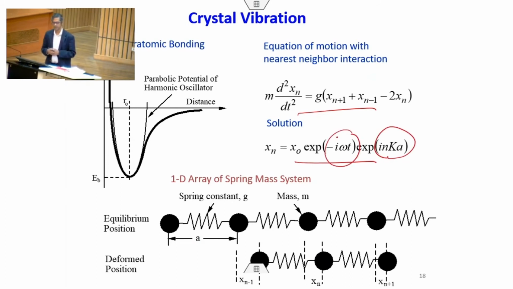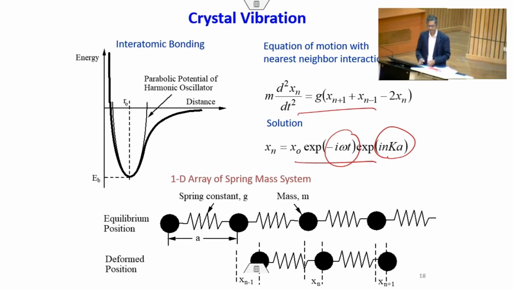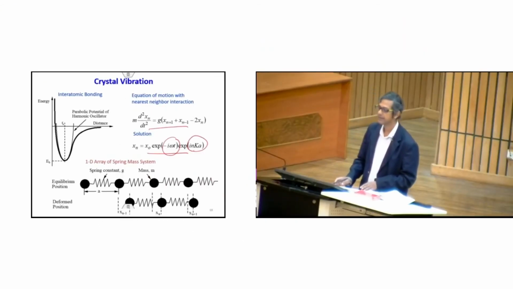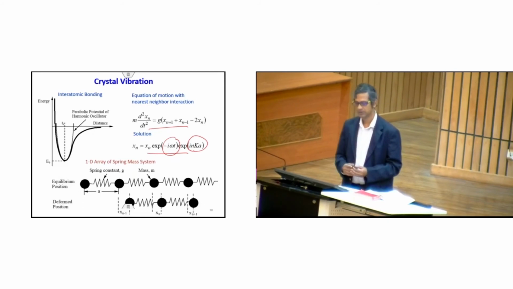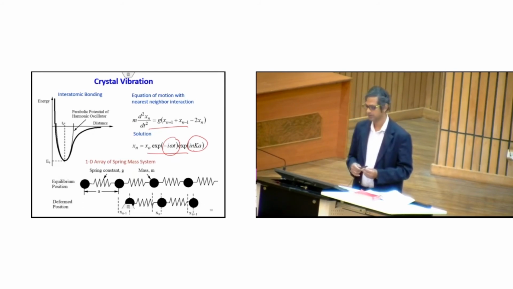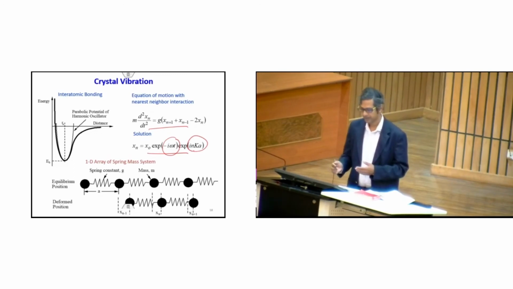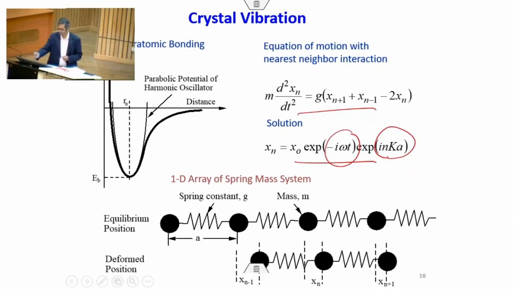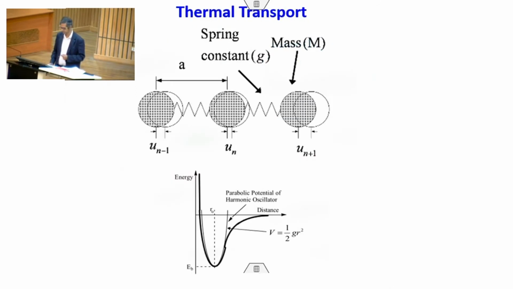The two parts of the solution give you the whole solution of the problem. This is not difficult. Now what I am asking you to do is to take two different masses sitting there, not the same mass, and derive the equation and solve it. That is the assignment for you.